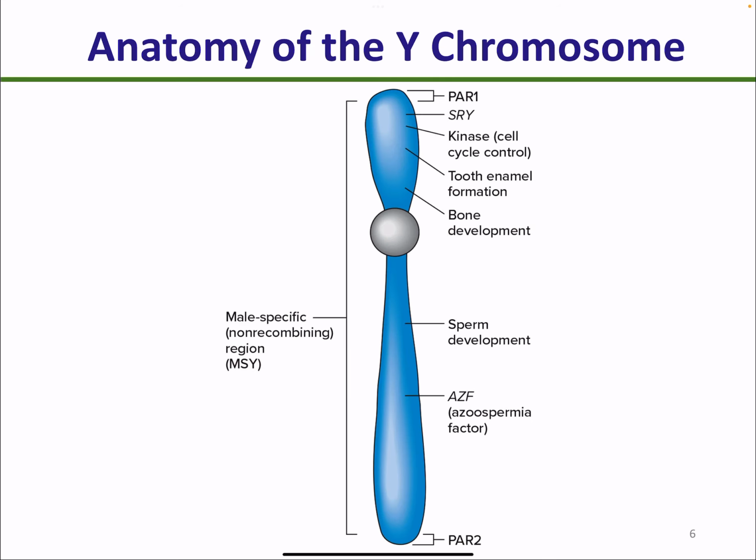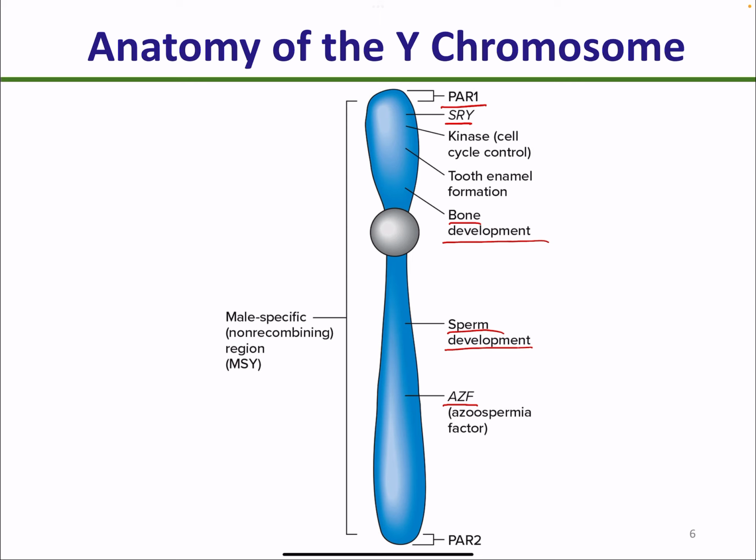So now, let's take a look at the anatomy of the Y chromosome. The Y chromosome actually has a number of genes, but the most relevant genes I want to show you here are the SRY, okay, the PAR1, the bone development genes, the sperm development gene, the AZF gene.